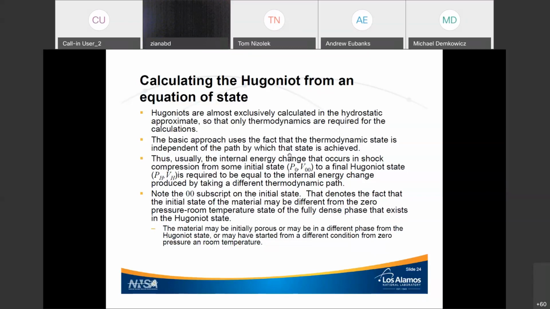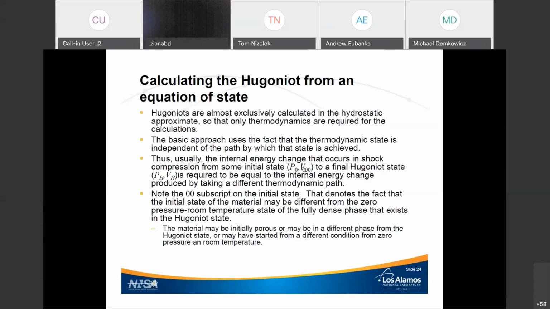So we have two PVE states that we're going to relate. And since we're assuming this is in equilibrium, we're assuming there aren't any stress deviators here, we can take two different thermodynamic paths to get there, and that allows us to constrain what the internal energy is.